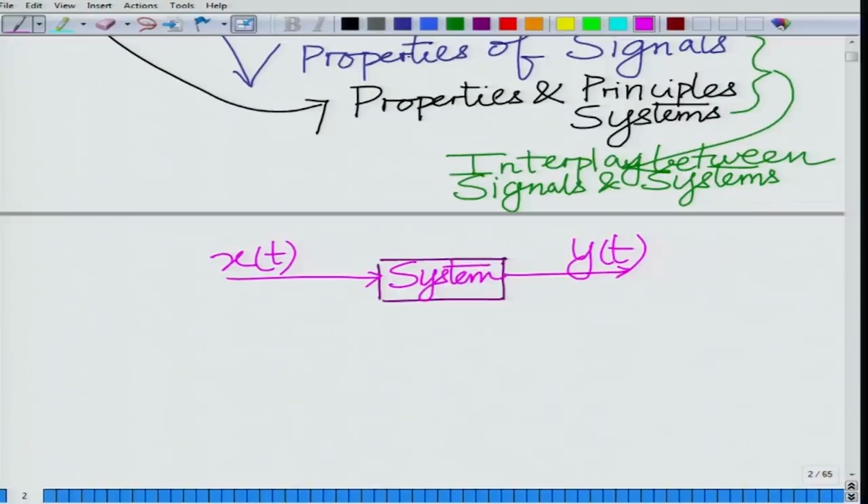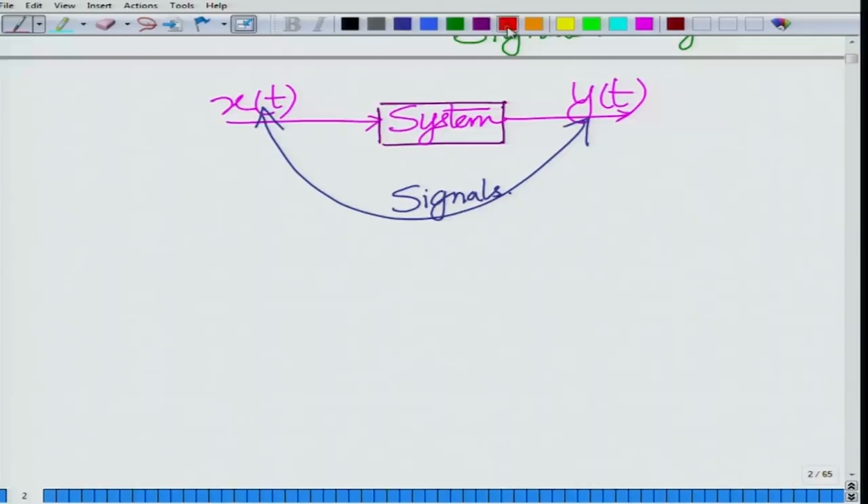Now, these are the signals: x t is the input signal, y t is the output signal. So, what we would like to characterize and better understand is what this interaction is.